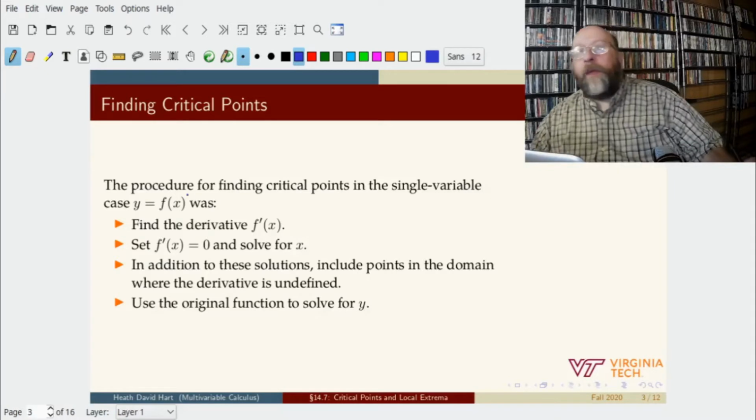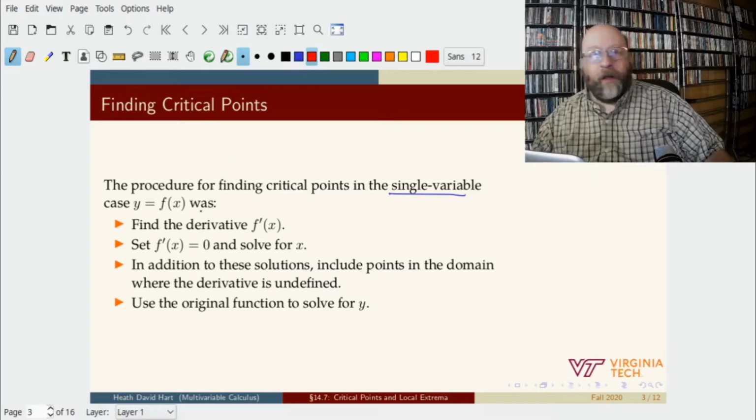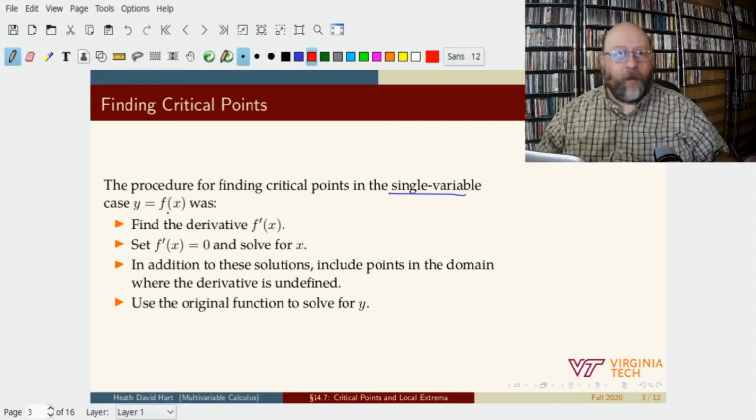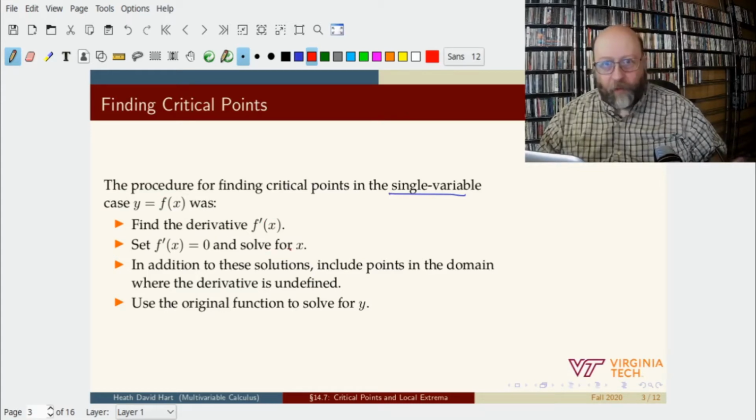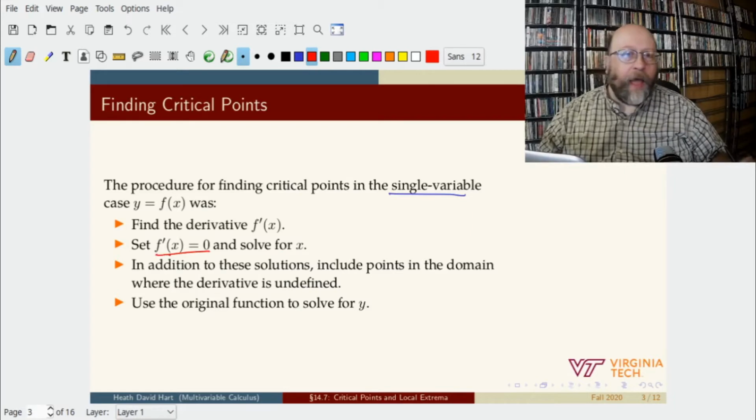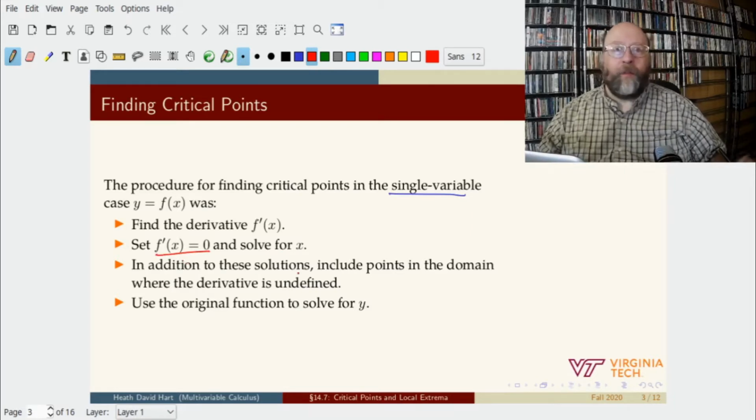So this is what we did back in single variable calculus when we wanted to find critical points. We would take the function, find the derivative, set the derivative equal to 0 and then solve for x. And then we also had to consider points in the domain where the derivative was undefined.